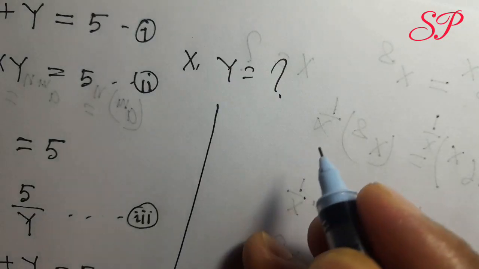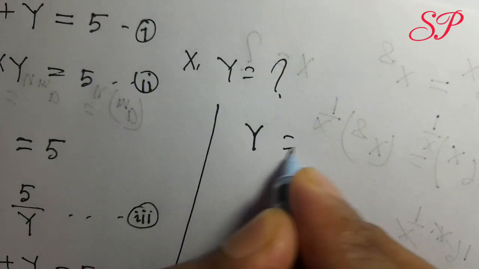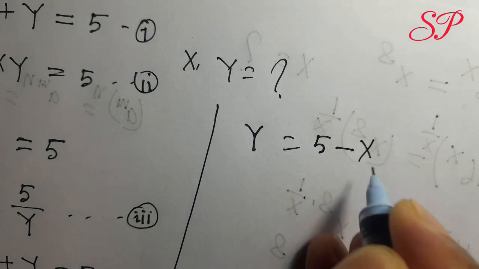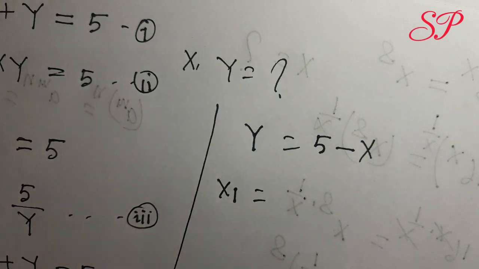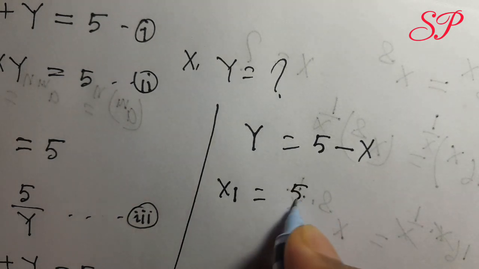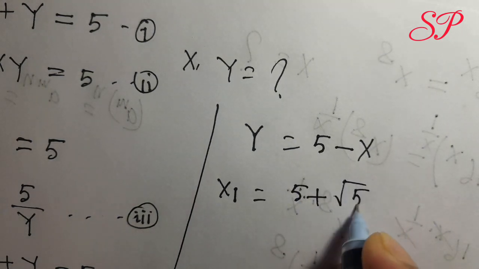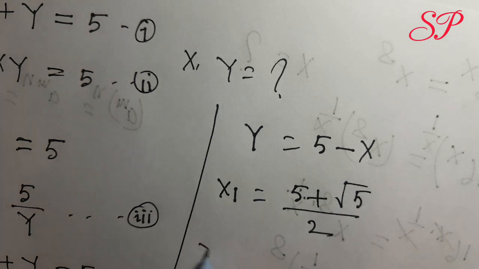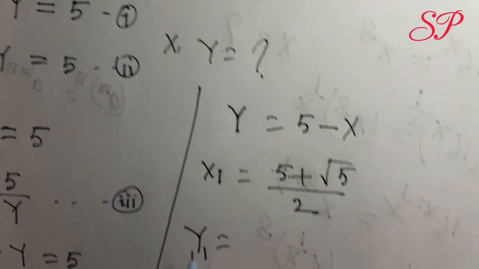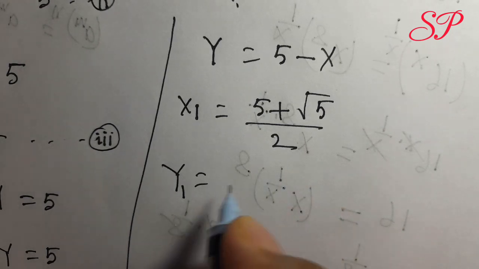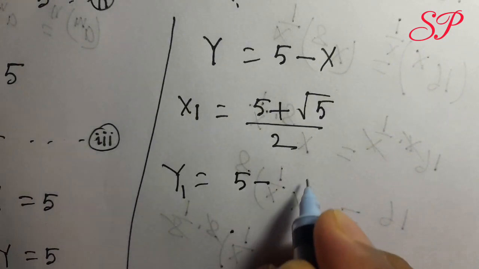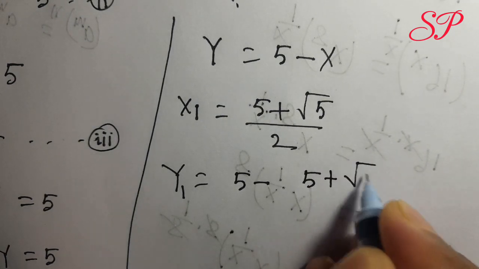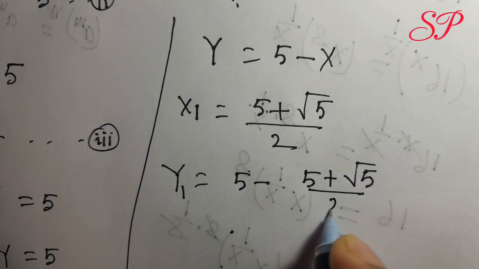Okay, y is equal to 5 minus x. For x1 is equal to 5 plus root 5 by 2, y1 is equal to 5 minus (5 plus root 5) by 2.